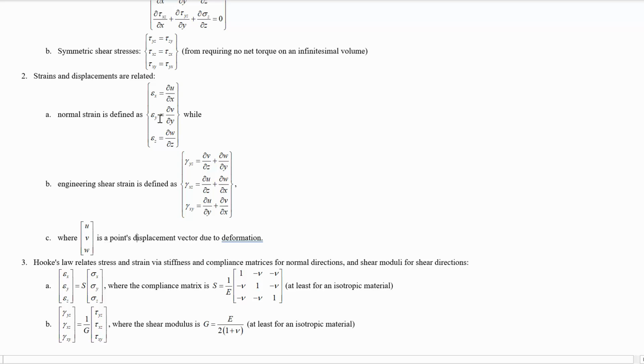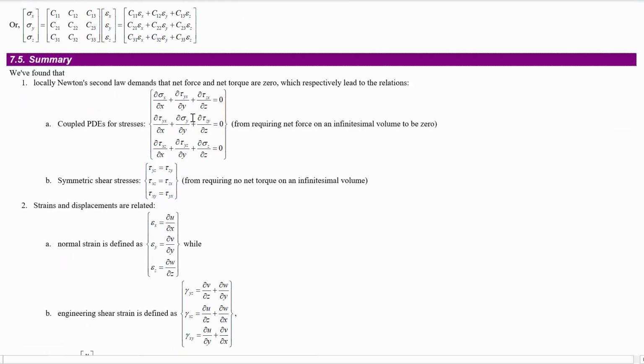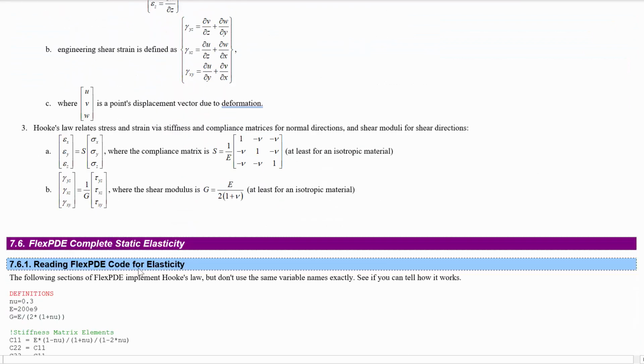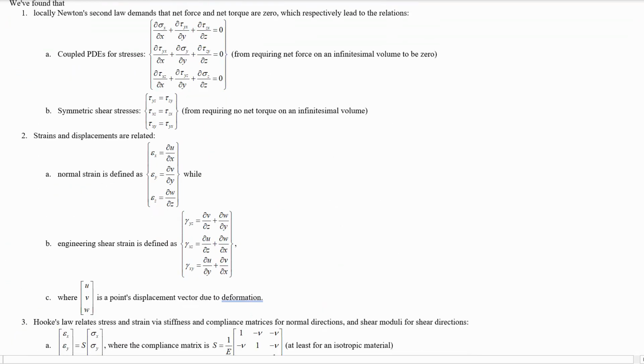But given how the displacements are changing across the object, we can figure out what the strains are, and by using Hooke's law, we can relate those strains to the stresses, and we can relate the stresses to each other via Newton's second law. Now that we have these new relations, we can modify our FlexPDE code to work more generally for elasticity. So let's do that.